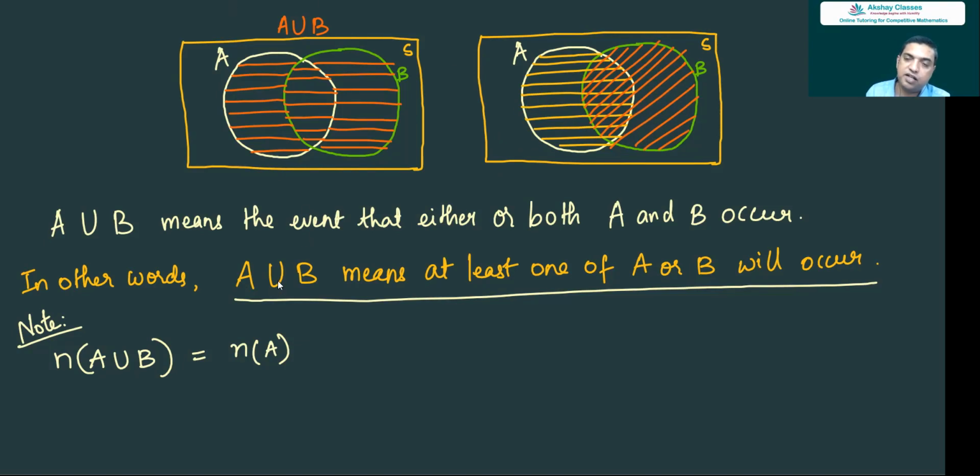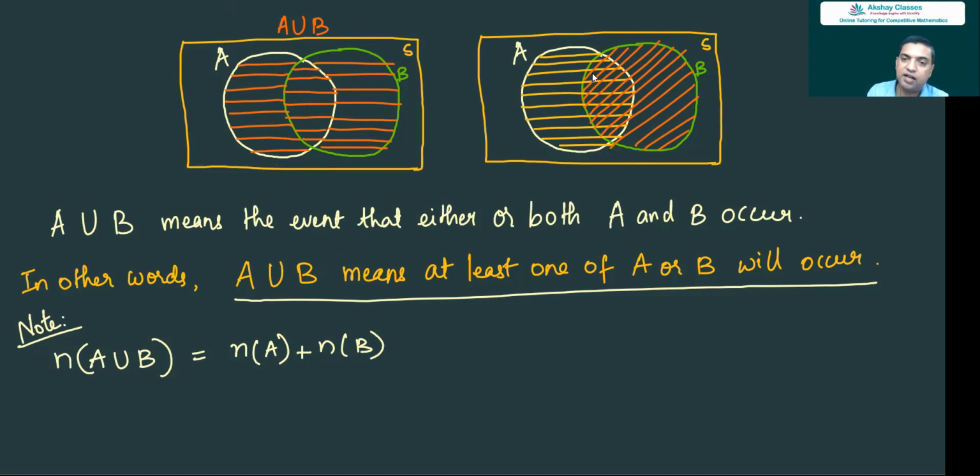So by logic, you can see I just want the shaded portion, either A or B or both. So I just want the entire shaded portion. How will I get it? I take n of A, so I get this region of only A and A intersection B. Then n of A plus n of B. N of B is this shaded portion and this intersection. In the process, we want to count all the shaded portion once.